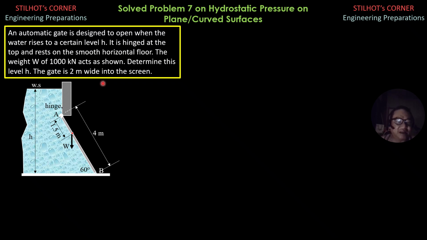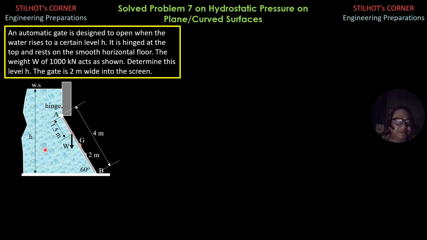Let's now apply the force which acts at the center of pressure, as shown, at the distance E along the plane of the plate. This distance, because that's 2 meters, 2 sine of 60 degrees is square root of 3 meters.